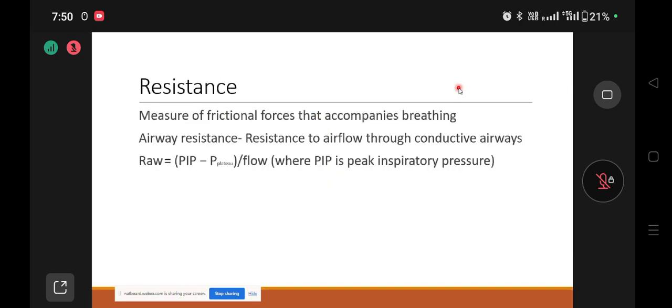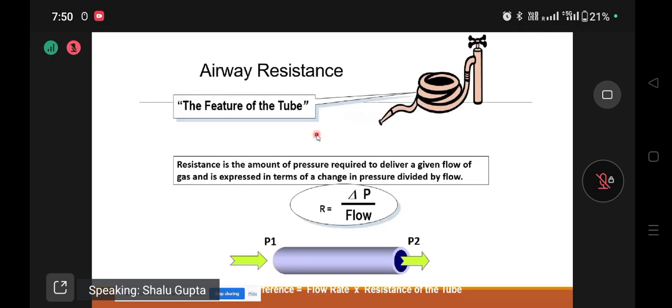After compliance comes the resistance. When the air goes in through the narrow airway passages, there is a frictional force, and to overcome this frictional force a pressure is required, which is what we call the peak inspiratory pressure, which we adjust on the ventilator. If you pass air through a coiled tube like a lung, it is the pressure which is required to deliver a given flow of gas.